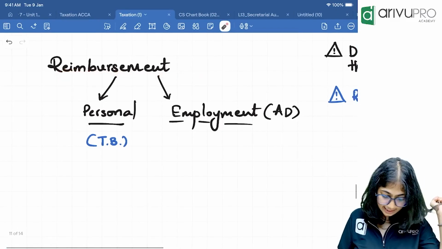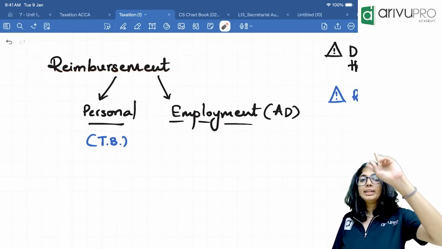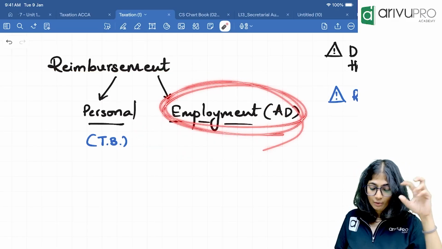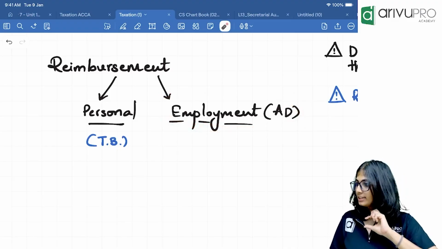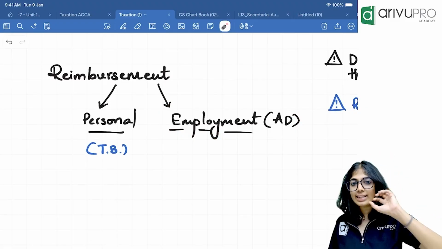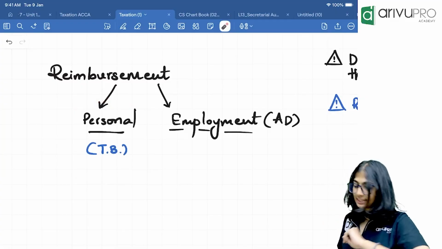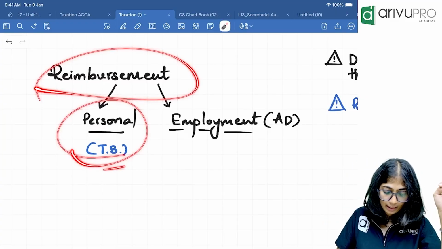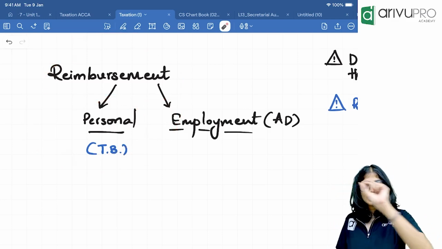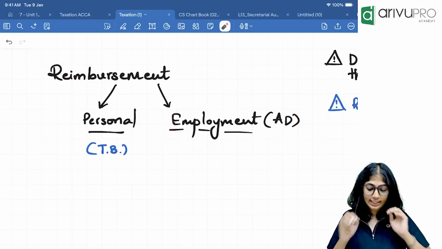One way of handling it is to put the reimbursement in total in the reimbursement item, and for employment related stuff, whatever you get allowable deductions for, you put it in the allowable deductions column. From the total, the employment will get deducted. Only the personal will be remaining. Another way of treating this is to put only the personal reimbursement amount in the reimbursement expenses income part, and then you can leave off employment. So there are two ways of dealing with this.